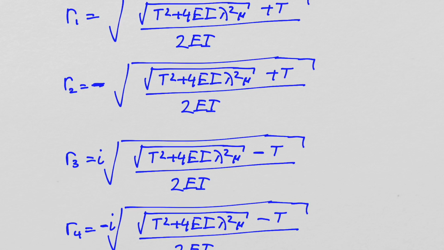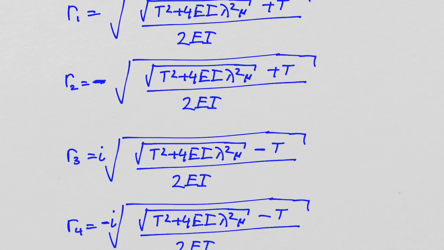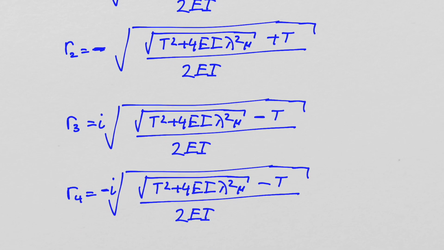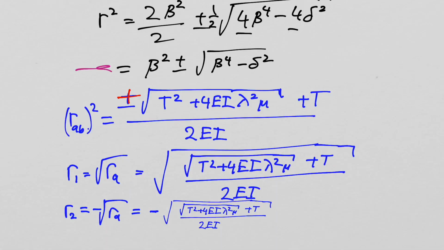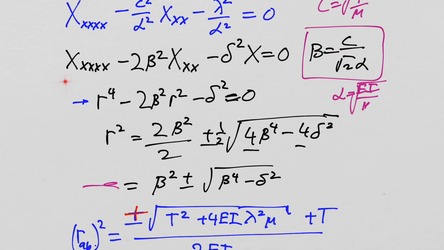So we have 4 roots, 2 imaginary, 2 real, and the imaginary roots, of course, are just like we expect. They're a complex conjugate pair, right? So we have now found the 4 roots of the characteristic equation for our spatial differential equation.